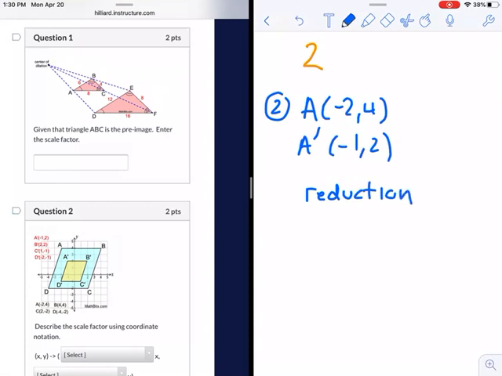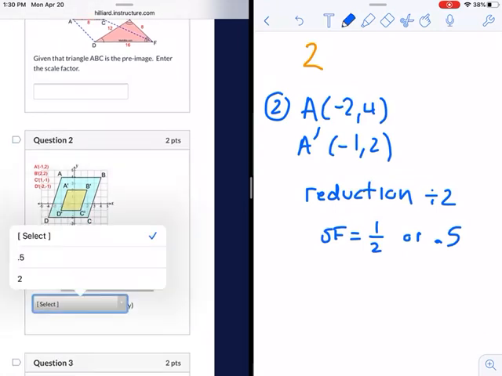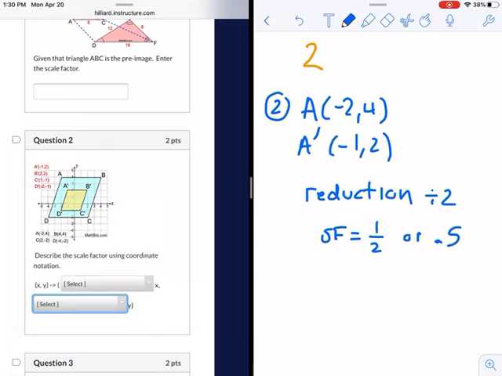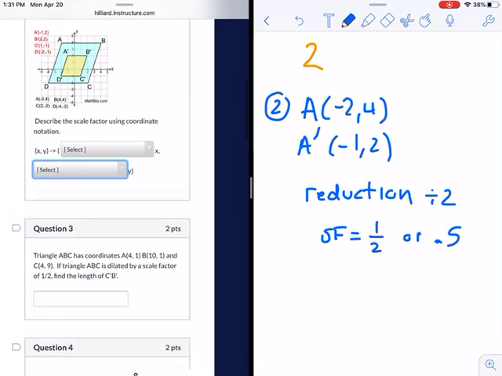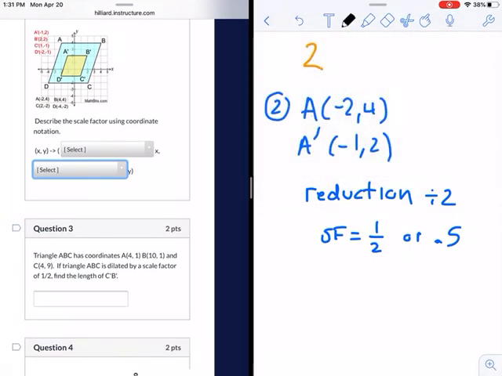Alright? That means that I can tell that I'm dividing by 2. So my scale factor will be 1/2 or 0.5, however you want to describe it. And when you're doing coordinate notation, so kind of put 2 and 2 together there as I'm showing you what the blanks look like. Alright, you might be fortunate enough to have some of these problems.